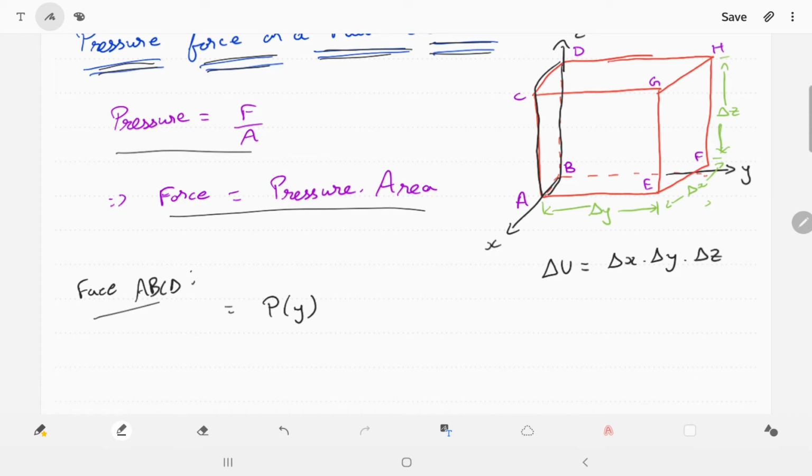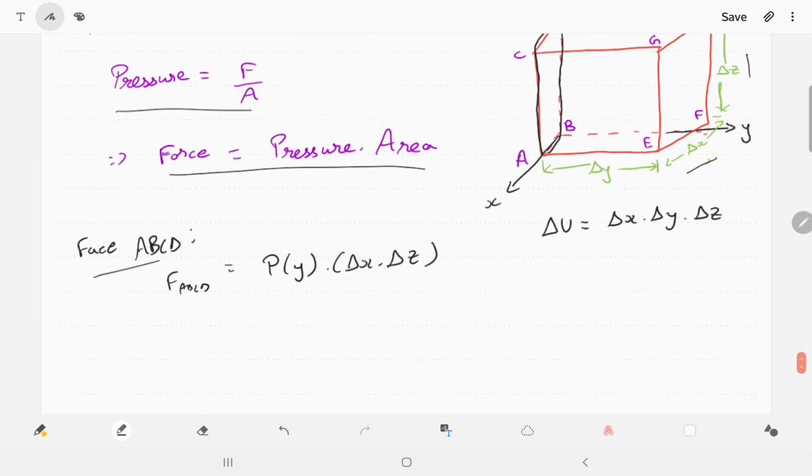Area, as it's the y direction, is delta x into delta z. The force acting on ABCD is P of y, the pressure in the y direction, into the area delta x into delta z.